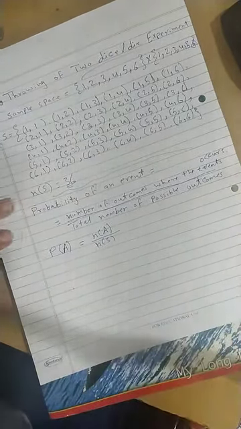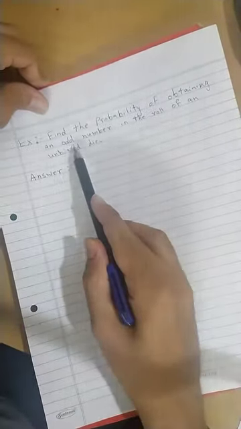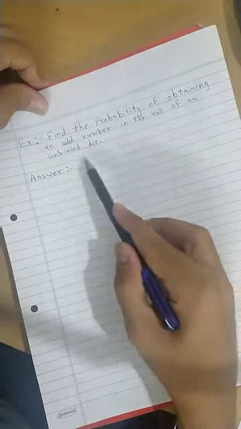Okay, I'll give you a question about probability now. The question is: find the probability of obtaining an odd number in the roll of an unbiased dice.